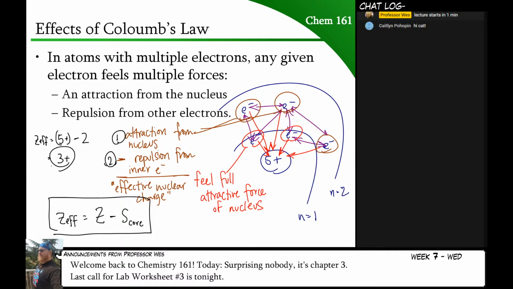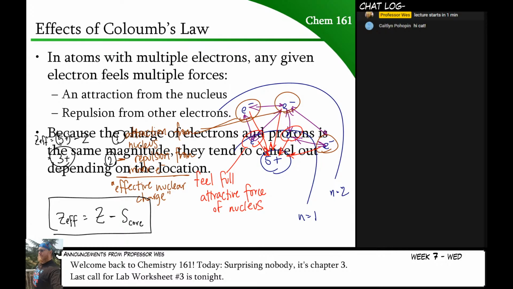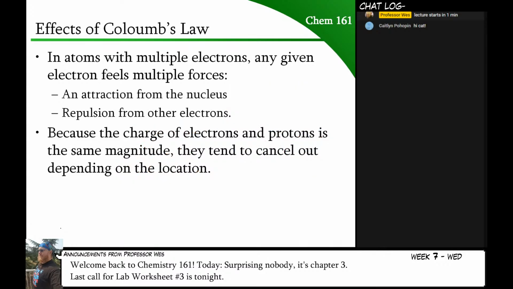You can calculate Z effective for any atom you want to. And in fact, we're going to do that for a bunch of atoms. I got to clear all that off the screen here. Okay. So, depending on where electrons reside relative to other electrons, they will feel different amounts of charge.